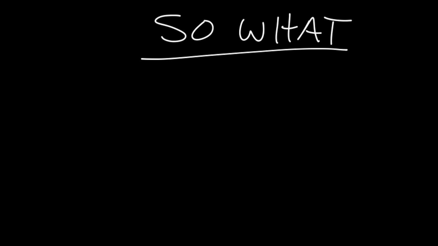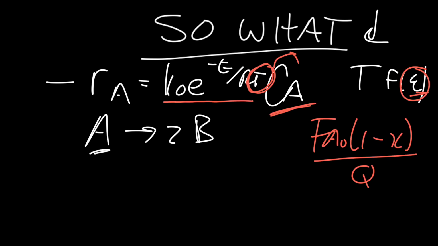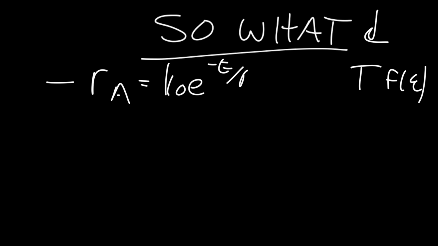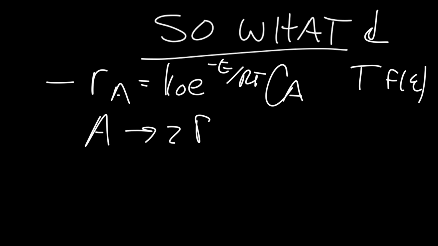So why do we care about the energy balance and what the temperature is as a function of the extent or the reaction coordinate? Of course we care because the rate of a chemical reaction is one of the crucial things that will affect our design and the outcome of our reactor. So for instance, let's take a reaction where I have an elementary reaction in component A. I will have two things that vary with the extent of the reaction.